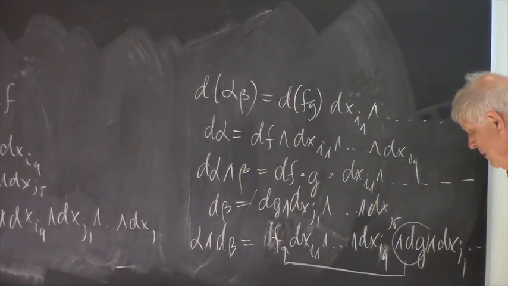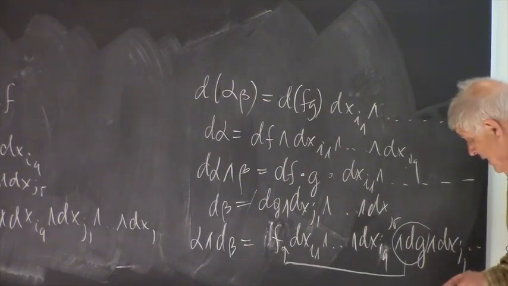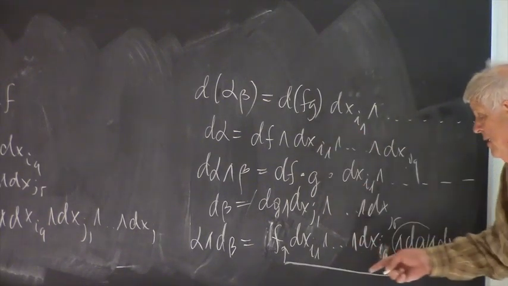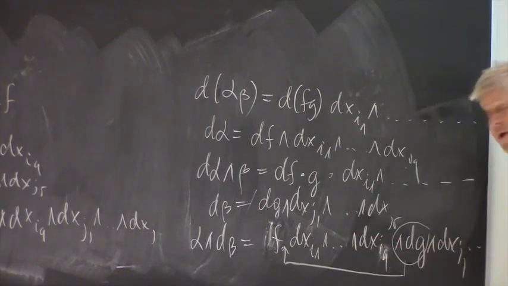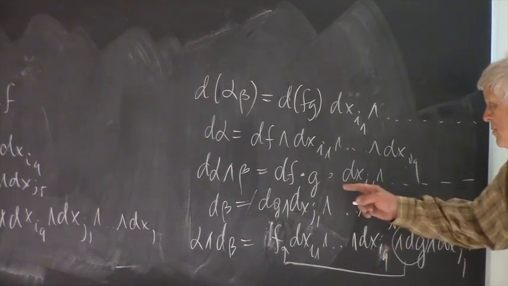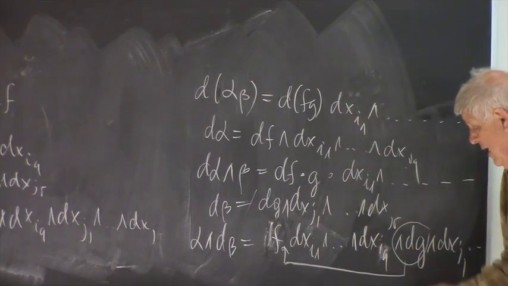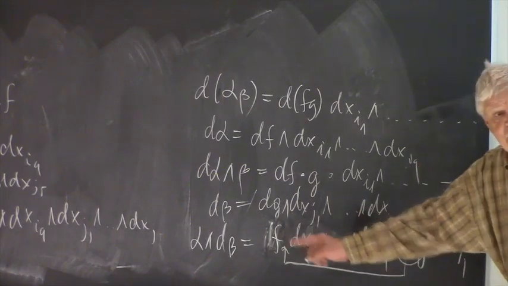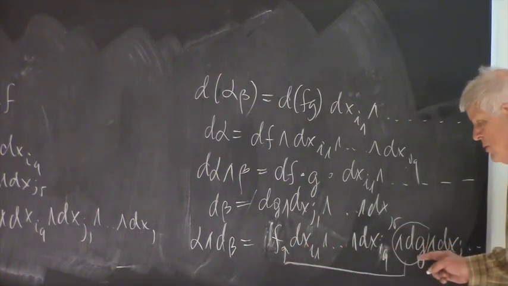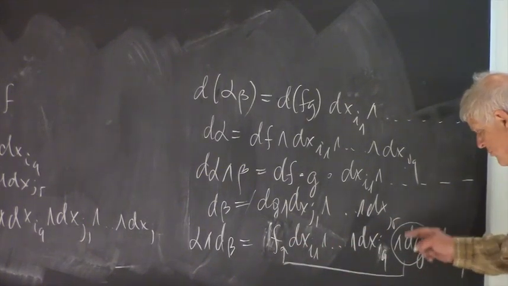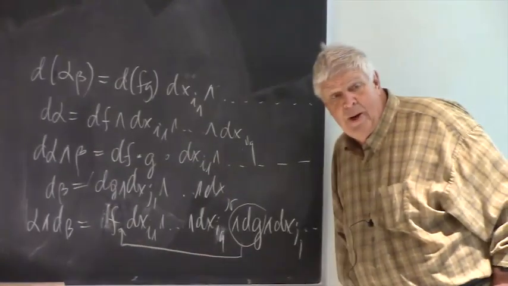Why? Simply to have all the other differentials from left to right in the same order as here and here. This switch, q times, I switch a form of degree 1 with forms of degree 1.